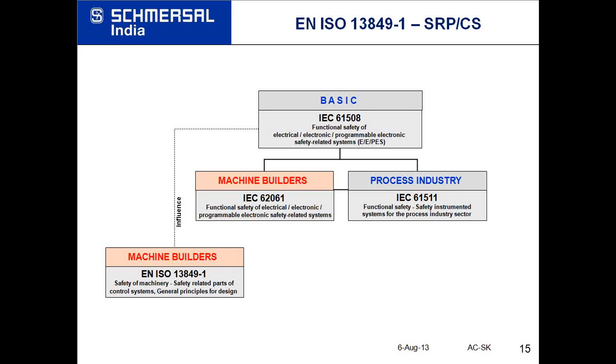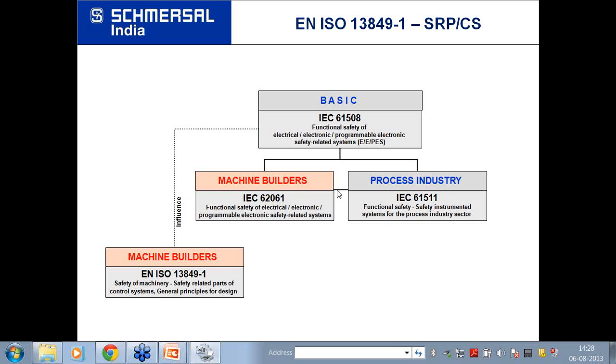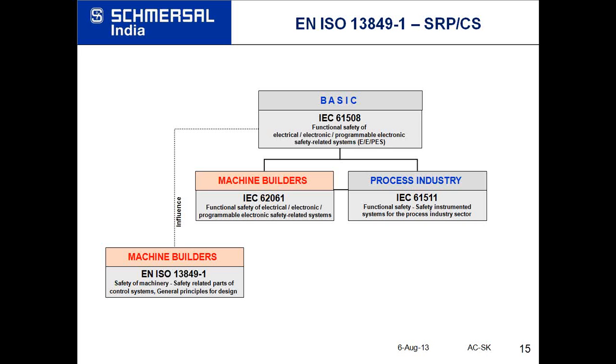Okay. So this new standard, the 13849-1, is derived from IEC 61508, as I have explained earlier, and is more meant for machine builders. But since it is already derived from 61508, it also has quite some relevance to the process industry. Okay, as far as the system implementation, design of electrical system is concerned. Why a new standard?